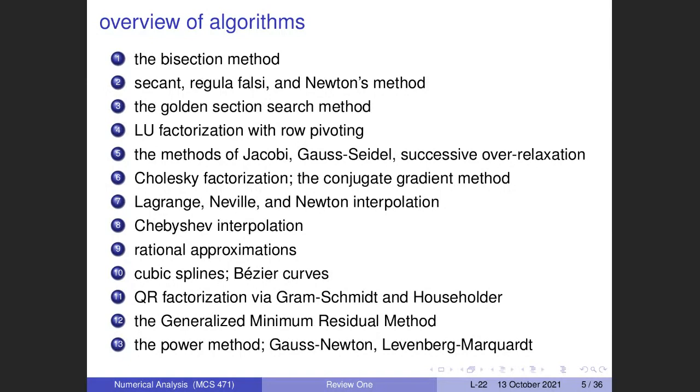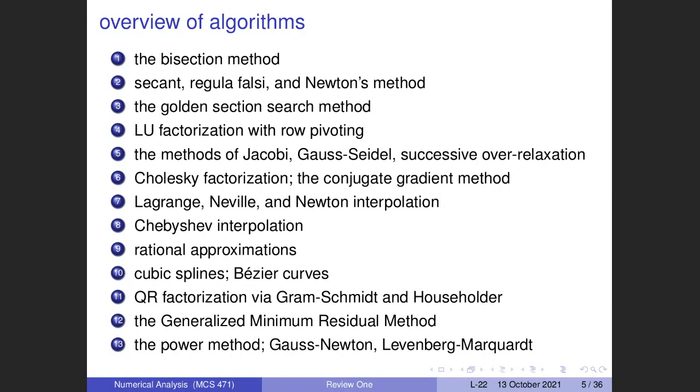Optimization runs also through. We have seen our first optimization method with the golden section search, but then we also applied it when we looked at iterative methods, in particular the conjugate gradient method. That was the first time we encountered the steepest descent.